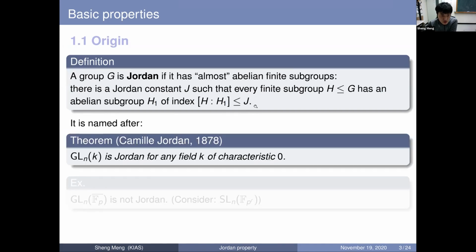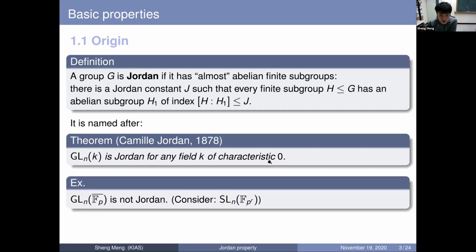It is named after Camille Jordan, who proved the famous theorem in 1878 that the general linear group GL_n(K) is Jordan for any field K of characteristic 0. And as a simple exercise, you can see that characteristic 0 is important, for otherwise it is not true. You can show that GL_n of the algebraic closure of the finite field F_p is not Jordan.